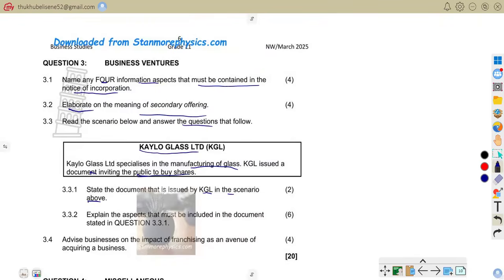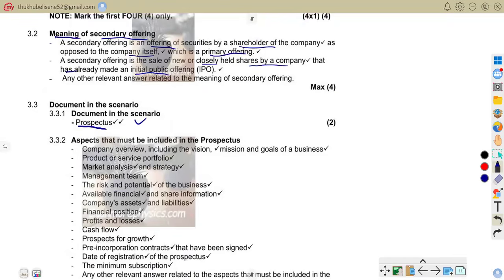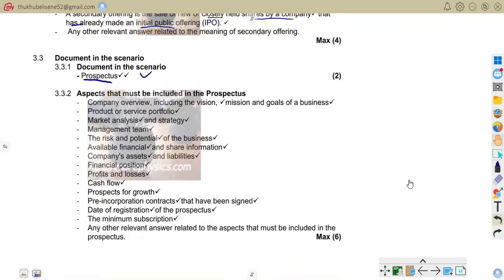Now, 3.3.2 says, explain the aspect that must be included in the document stated in question 3.3.1, which is the prospectus. So we want to know the aspects that are to be included in a prospectus.